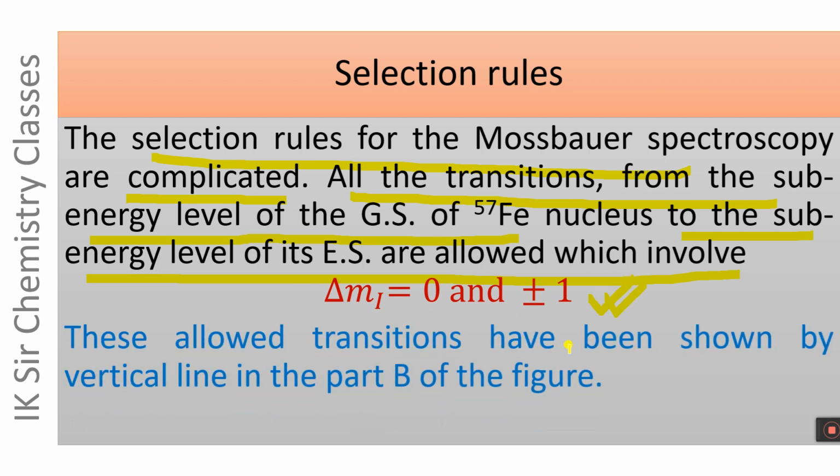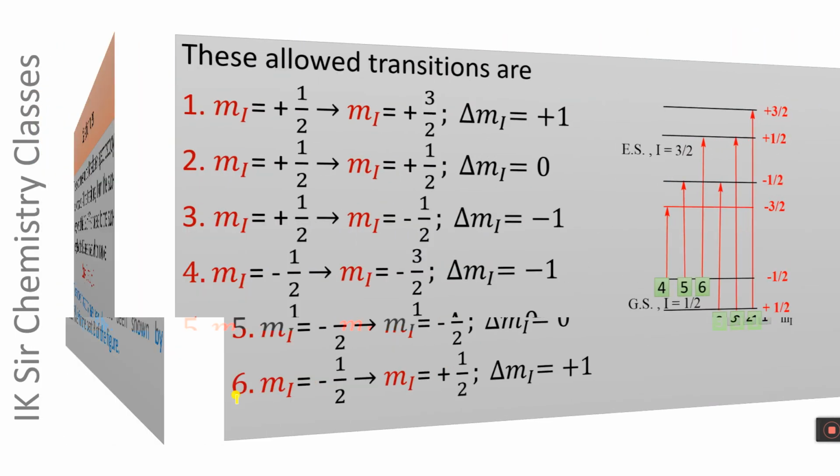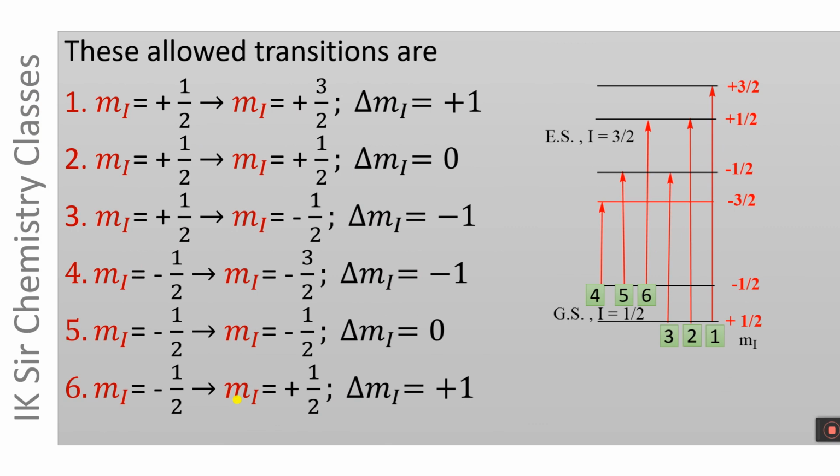These allowed transitions have been shown by vertical lines in part B of the figure, as illustrated by the following figure also. These allowed transitions are m_I equals plus half to m_I equals plus 3/2, involving delta m_I equals plus 1.